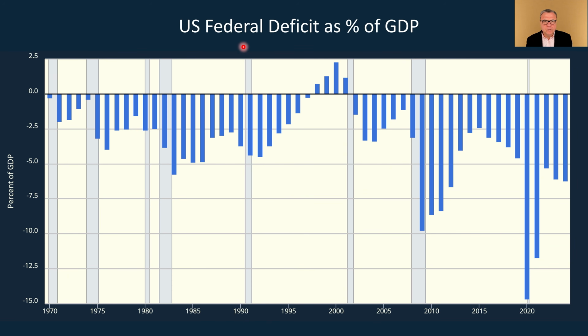Now here we can see US federal deficits as a percentage of GDP, which are obviously adding to US federal debt as a percentage of GDP. And the striking thing here is not so much how large these deficits were in the GFC or in COVID, but how they're growing in this secular way, even though there's good growth in the United States. This has never happened before. It's never been the case in the United States that during a period of relatively strong growth there have been such huge deficits.